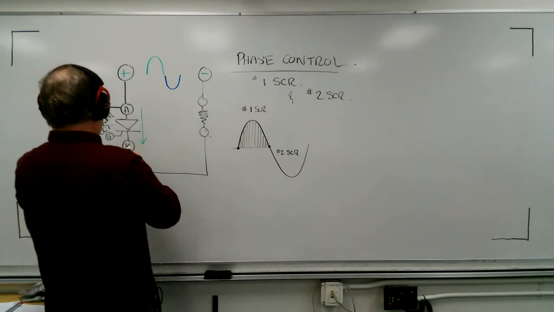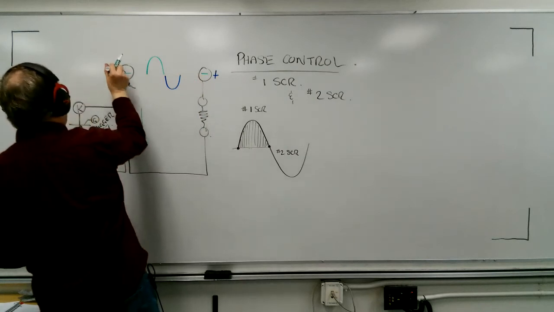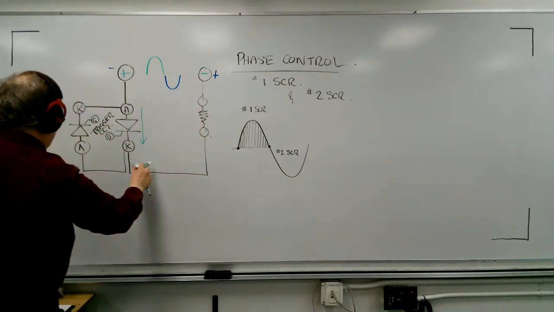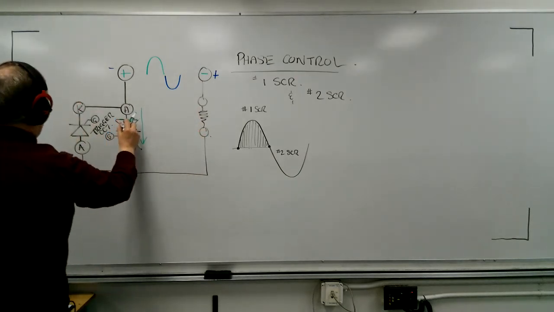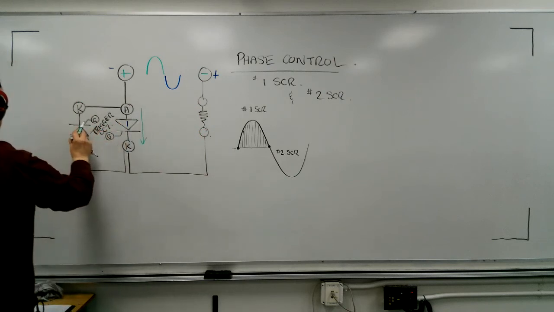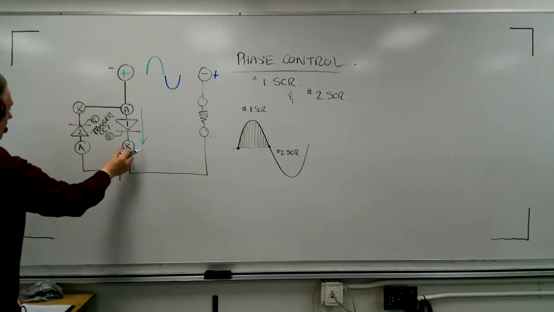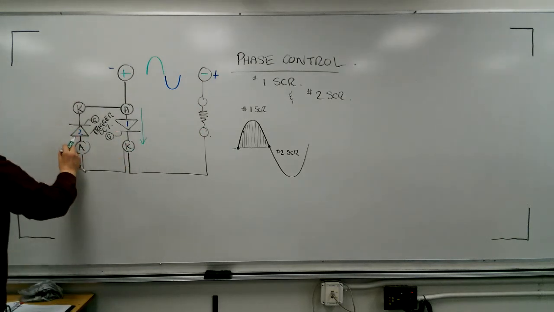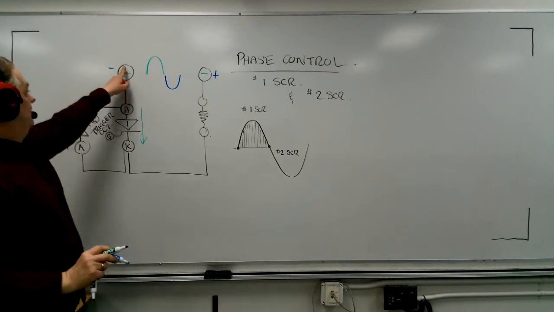But now watch this. When this becomes positive and this becomes negative, now I'm able to go like this. It comes up and blocks against this cathode. This is SCR1, this is SCR2. It blocks against the cathode of SCR1, but goes through here and is now allowed to flow anode to cathode through this SCR and back into the line.